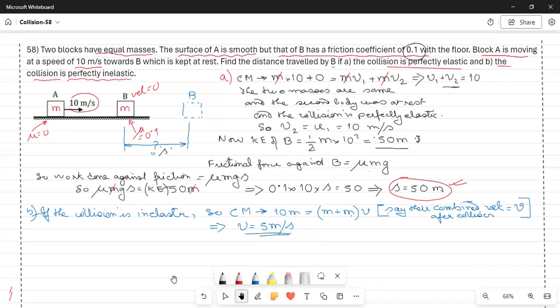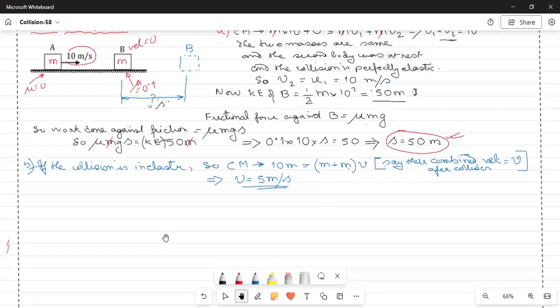This is absolutely okay. Now we have to be a little tricky. Let us find the kinetic energy: half into 2m into v squared, which is m into 25, so kinetic energy is equal to 25 m.